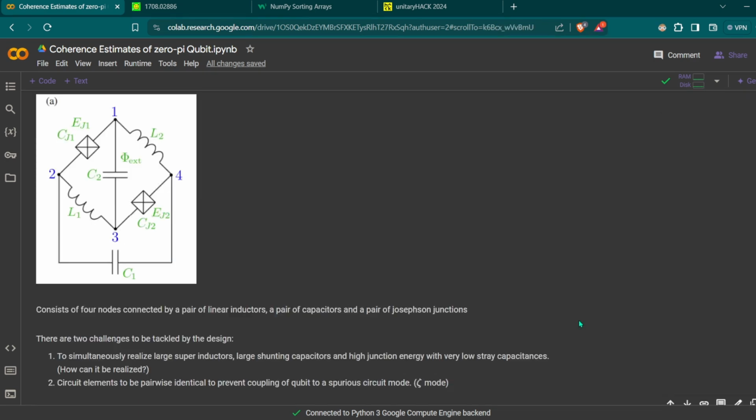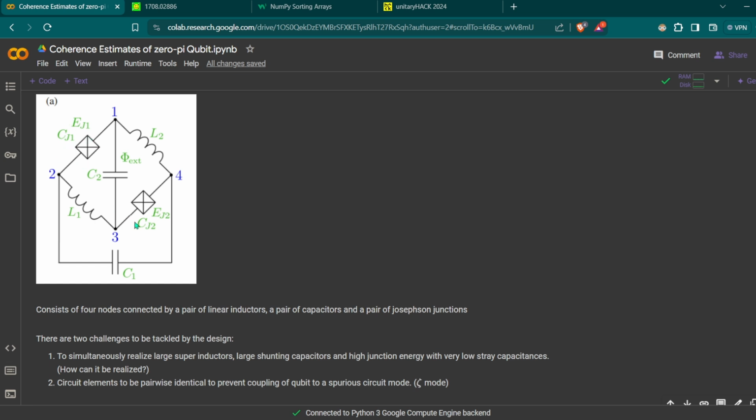If I look at the circuit of the 0 pi qubit, I have taken the screenshot of this circuit from the paper which I've mentioned earlier. So you can see that it consists of 4 nodes, 1, 2, 3, and 4, and it consists of 2 linear inductors, L1 and L2. It also consists of 2 capacitors, which are C1 and C2, and a pair of Josephson junctions, which are mentioned by EJ1 and EJ2.